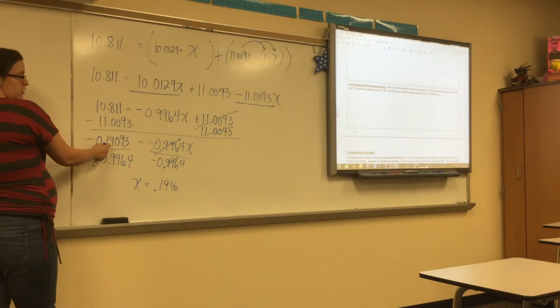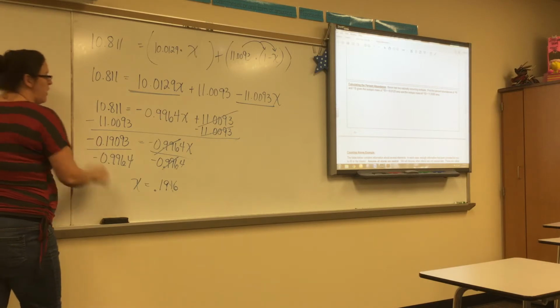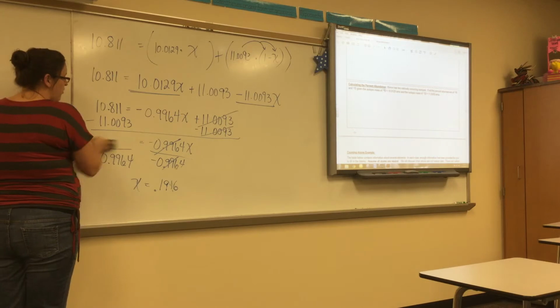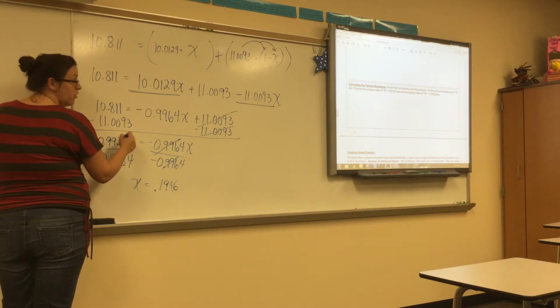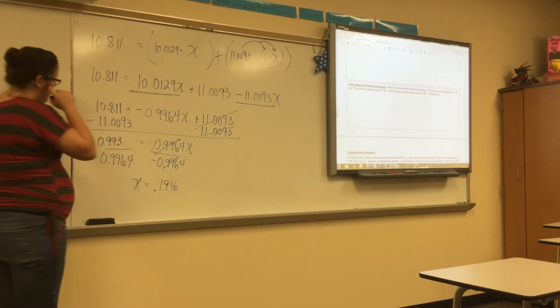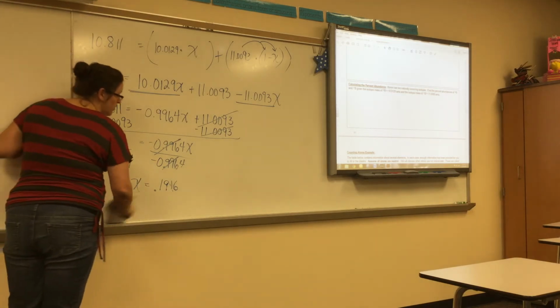Is that number correct? No. Okay, tell me what that number is. Because I know what the negative final answer should be. Negative what? Negative 0.993. Okay. Now divide that number by 0.9964 and let me know if you get something different.